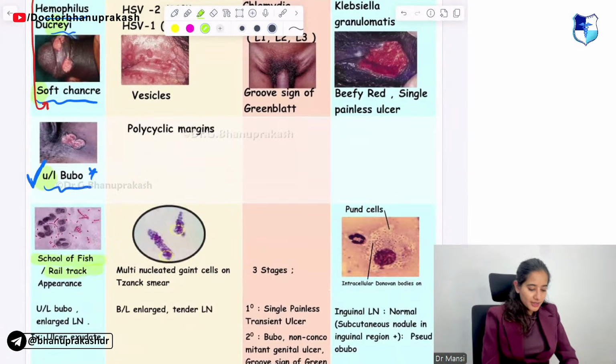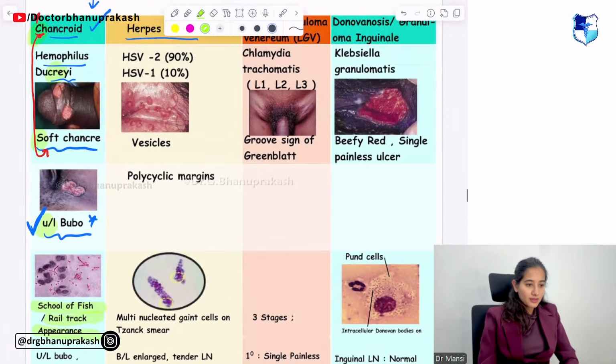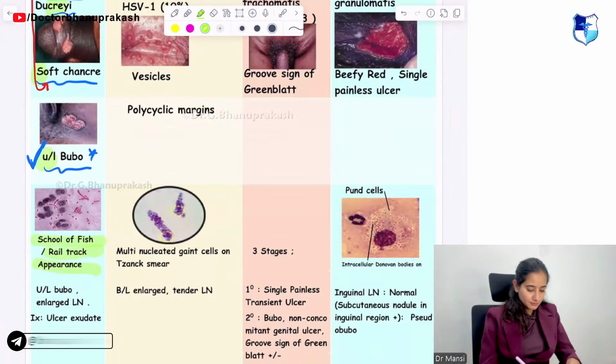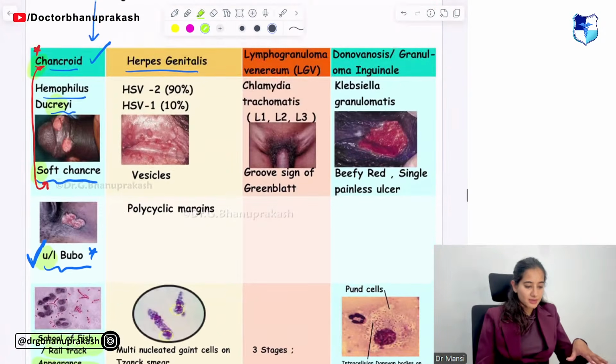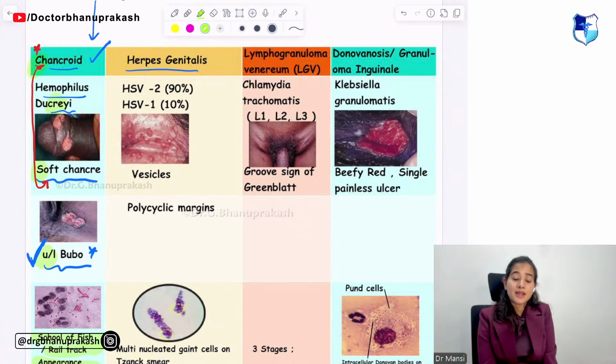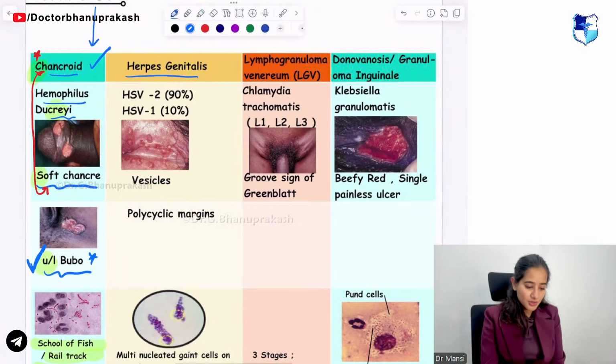School of fish or rail track appearance will be seen. So please involve yourself, because the unilateral bubo is present with the enlarged lymph node. That is how chancroid presents. When a clinical scenario-based question is given, they'll give you all these in your options. That is why it is very important to understand how you are going to do the differential diagnosis of these conditions.